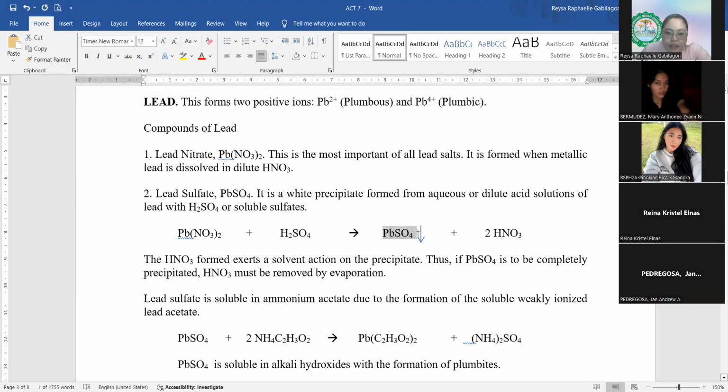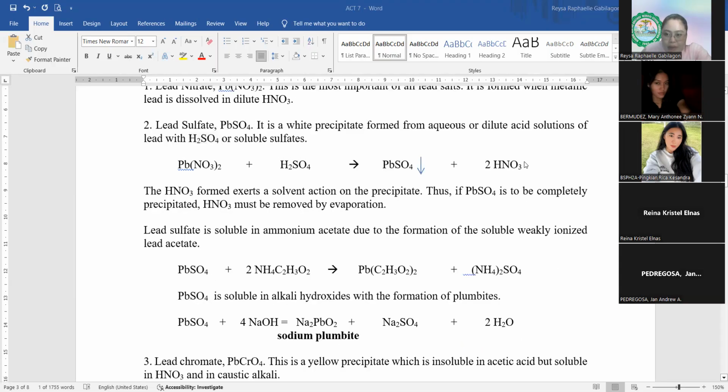This is when we'll get another compound which is called the lead sulfate. Now, it comes with another product, and that is, of course, nitric acid. So, if you want to just get the lead sulfate, we need an evaporating process to get rid of this other product, the nitric acid.